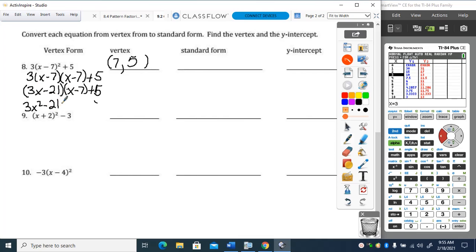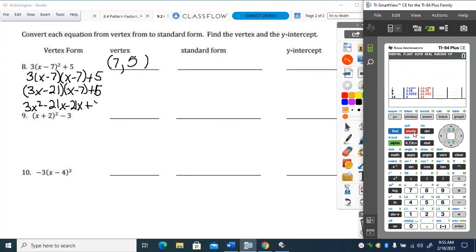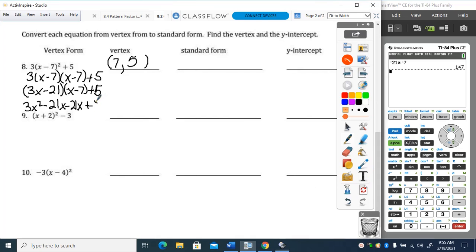What's 3x times negative 7? Negative 21x. Negative 21 times x, negative 21x. And negative 21 times negative 7. Well, it's definitely going to be positive. So negative 21 times negative 7 will get me positive 147. And then we have that plus 5 on the end. So let's see. Do we have any like terms? Yep.